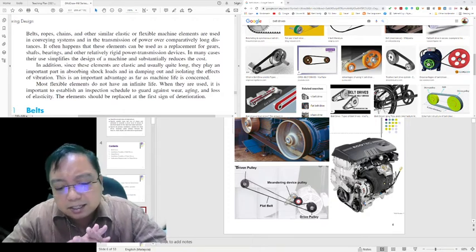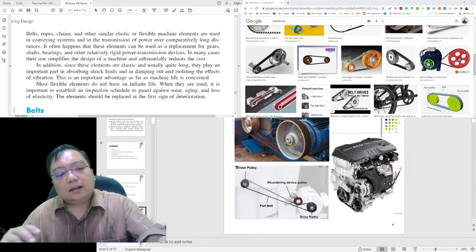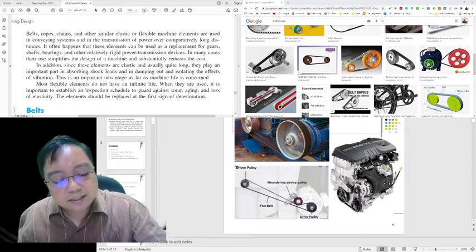You can see, you have a car. I'm sure every now and then you have to service your car, and among the things that you have to replace is the timing belt of the car. Because timing belts have wear and tear, you have to replace them gradually.